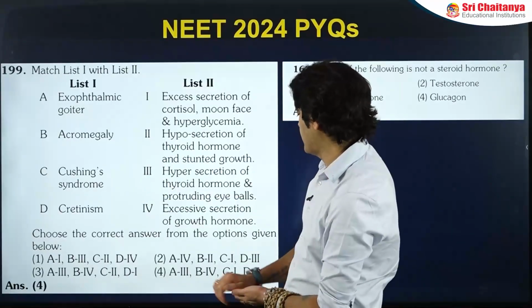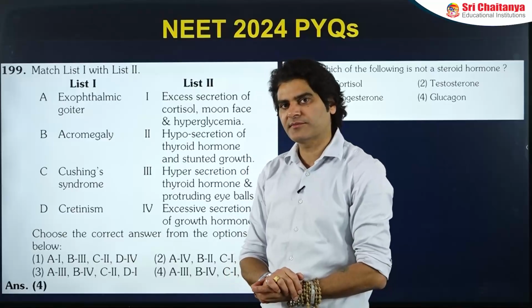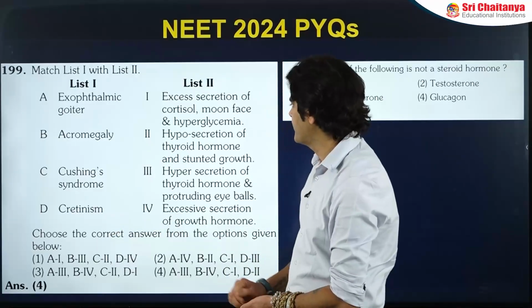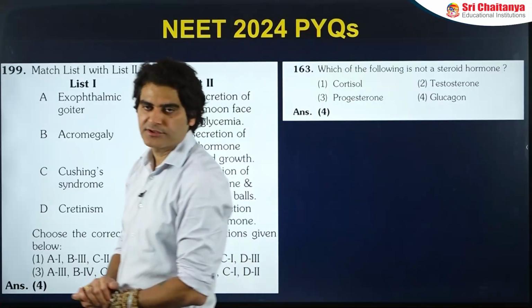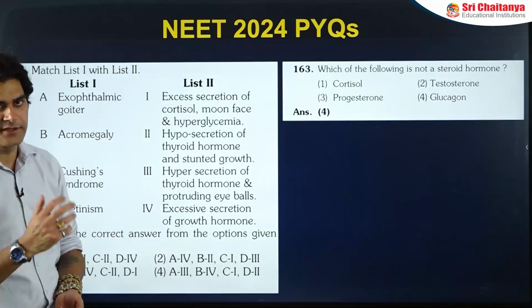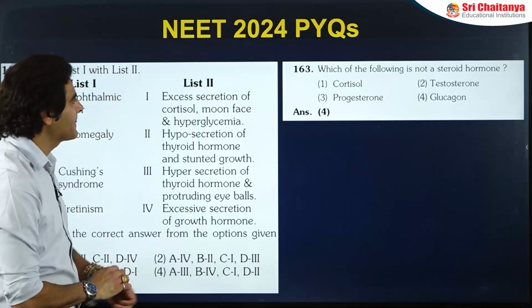Cushing's disease, on the other hand, will be excessive secretion of cortisol, that is glucocorticoids from the adrenal gland, and cretinism will be hyposecretion of thyroid hormone along with stunted growth, dwarfism, retarded brain, because thyroxine also plays an important role in development of central nervous system.